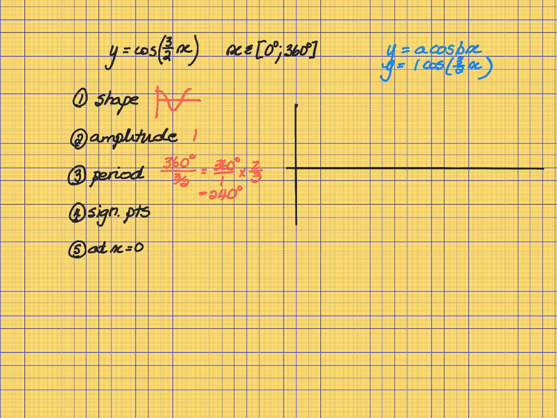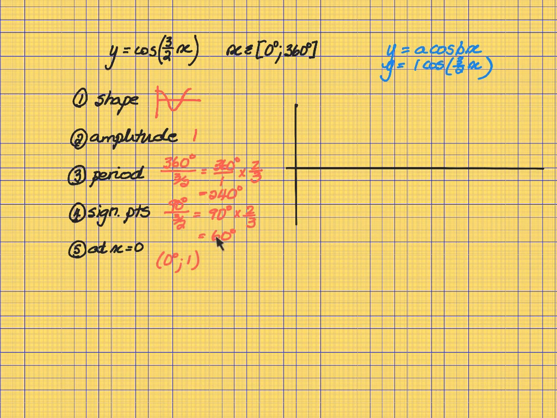The significant points will occur at every 90 degrees divided by 3 over 2, which is 90 degrees times 2/3, and that will give me 60 degrees. And then on your calculator at x equal to 0, you will find that cos of 3 over 2x is 1.